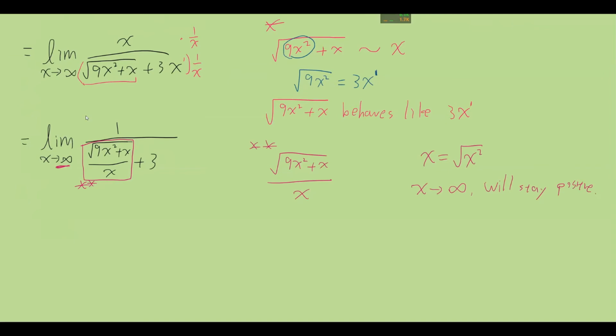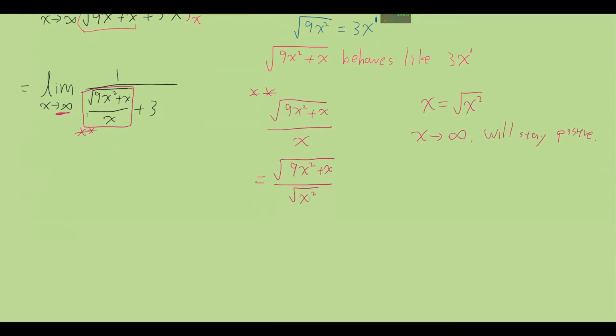That means we can use the positive square root of x squared to replace the x in the denominator, right? So we can have square root of 9x squared plus x over the square root of x squared. Now in this case, we don't have to add the negative sign like in the previous example.